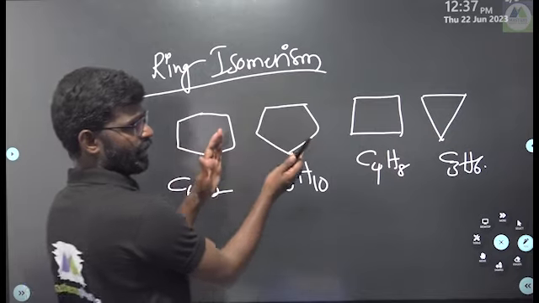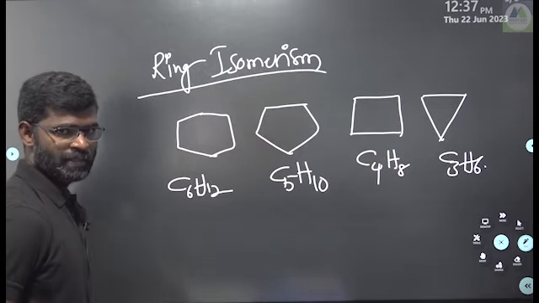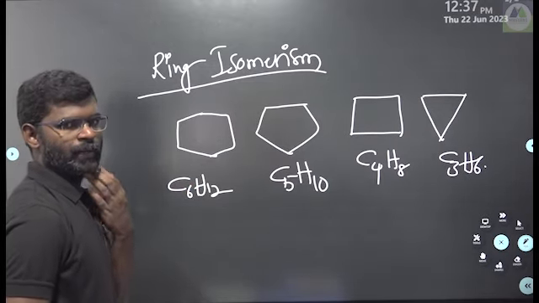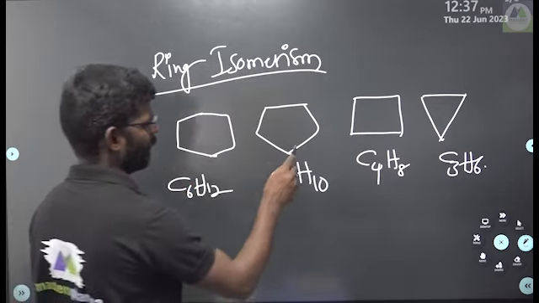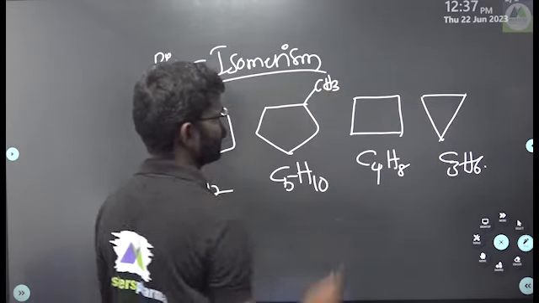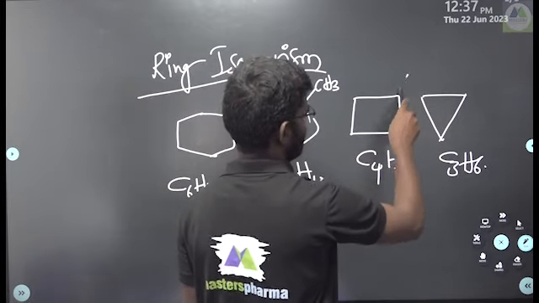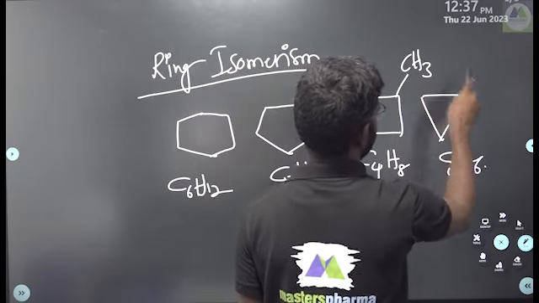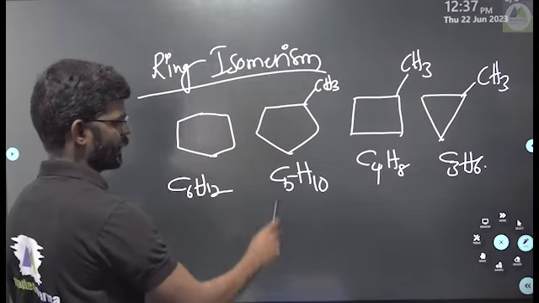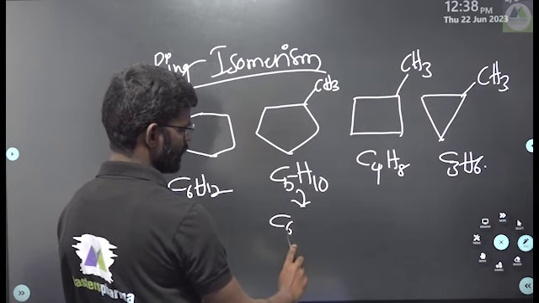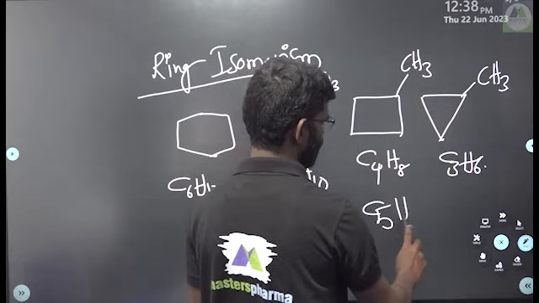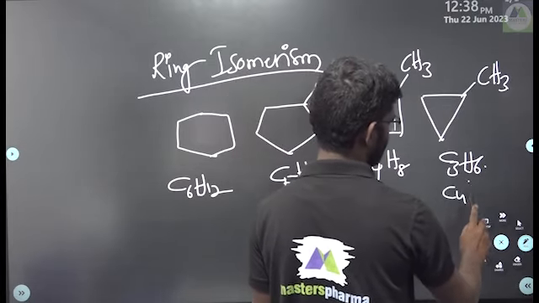So what is the relation between these? Each ring differs by the loss of a CH2. For example, I write the structure with a CH3 substituent: now the structure is converted to C6H12, then C5H10, then C4H8.